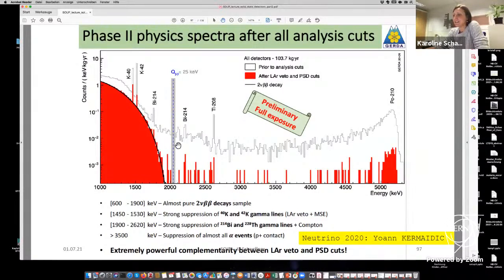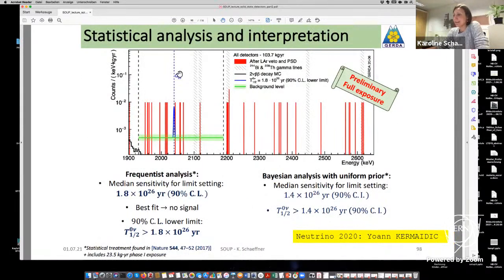And here it's indicated the region of interest. So this is the Q value plus minus 25 keV. And they don't have events there. If you then do a fit to understand your sensitivity, they arrive at 1.8 times 10 to the 26 years.